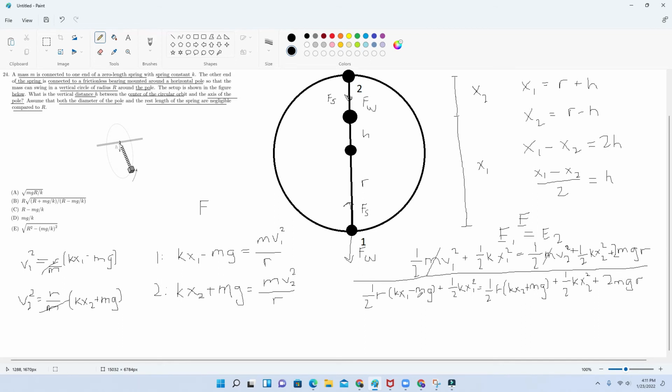So actually first we should try to distribute everything, so then it'll be easier to rearrange. But you know what? These fractions are kind of annoying. So before we even distribute, we can probably multiply everything by 2 to cancel out all these fractions. So first we do that.